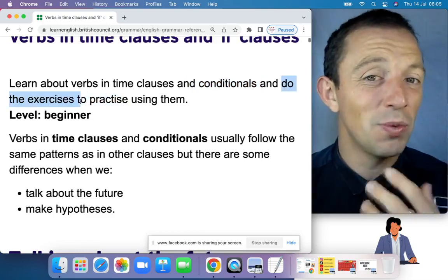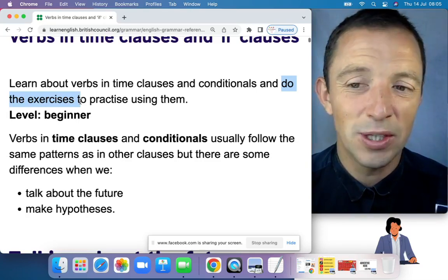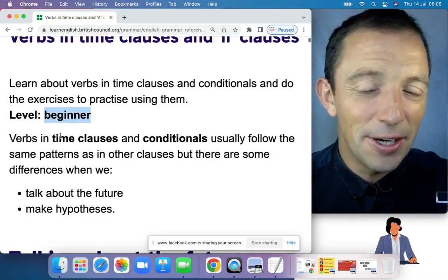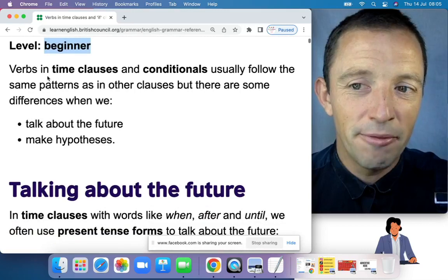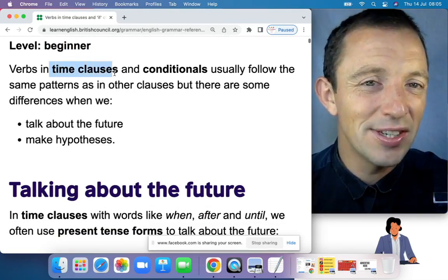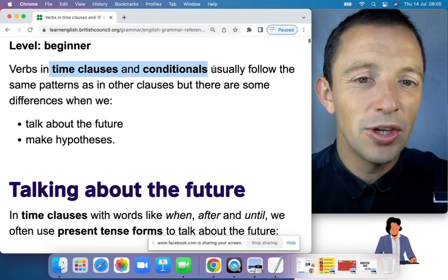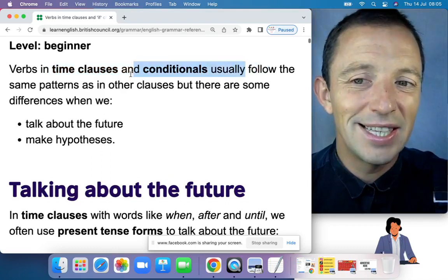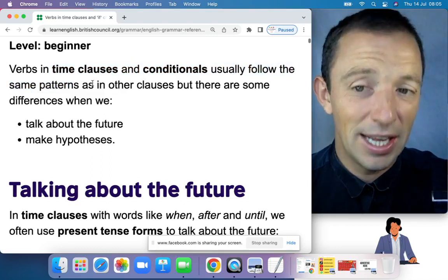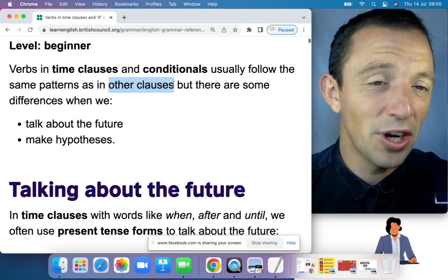So in this page we have exercises to do as well. Level beginner. Okay, verbs in time clauses and conditionals usually follow the same patterns as in other clauses.